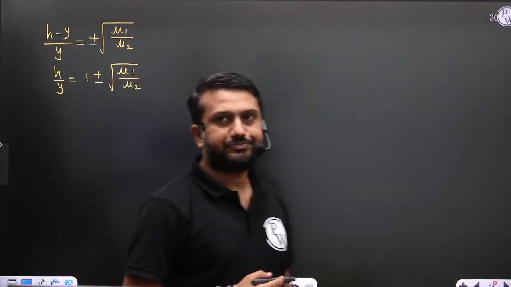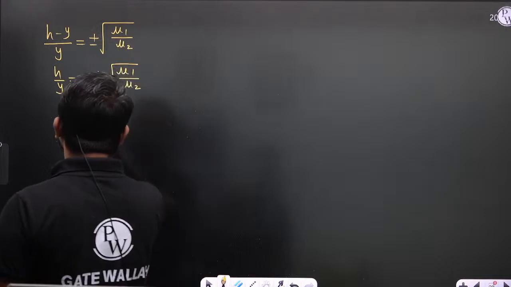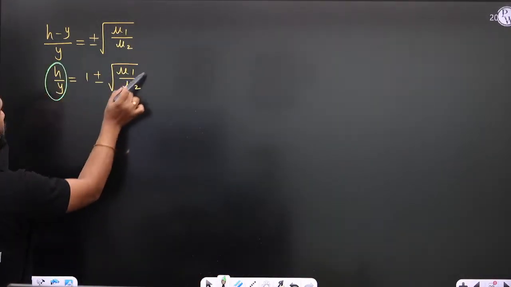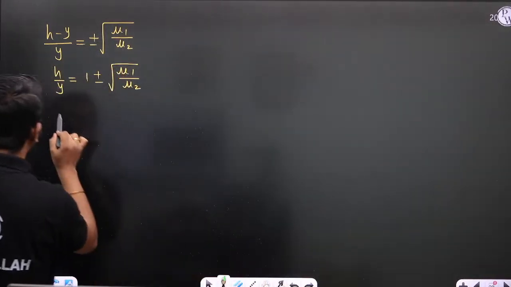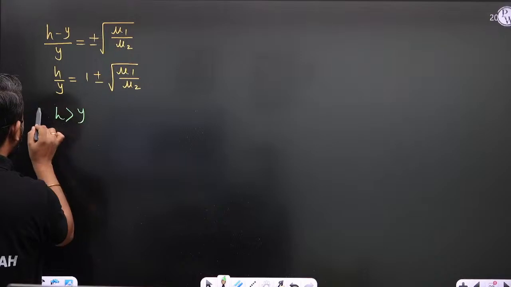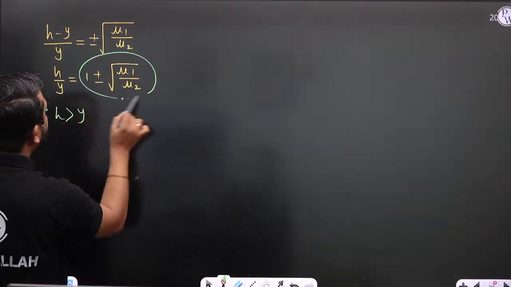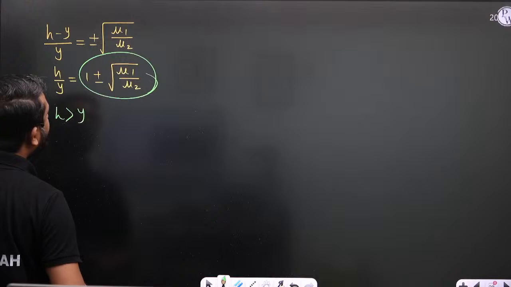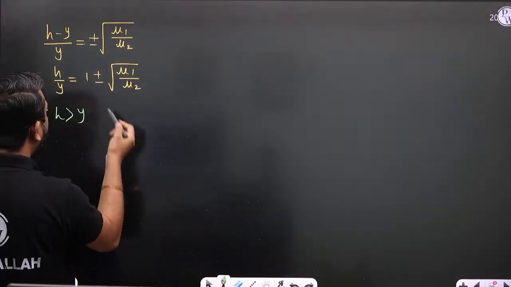And we know that H is greater than Y. So this value must be greater than 1. That's why the minus sign is not possible. If you see this expression, minus sign is not possible.